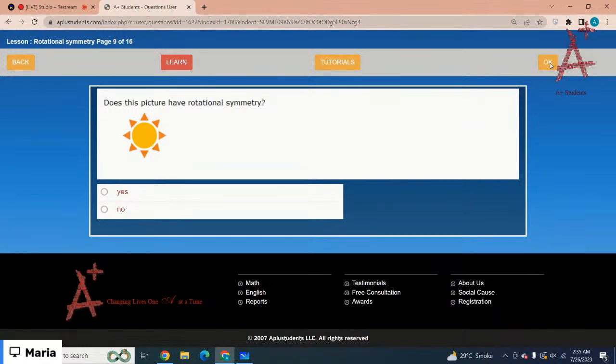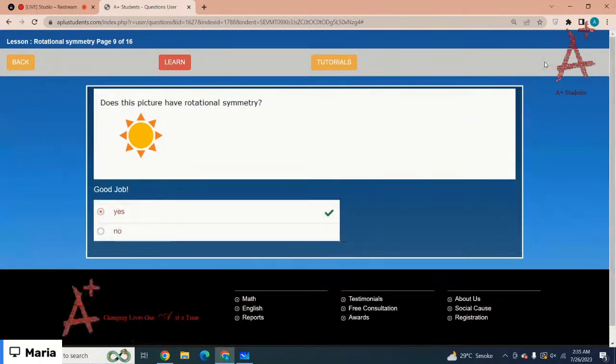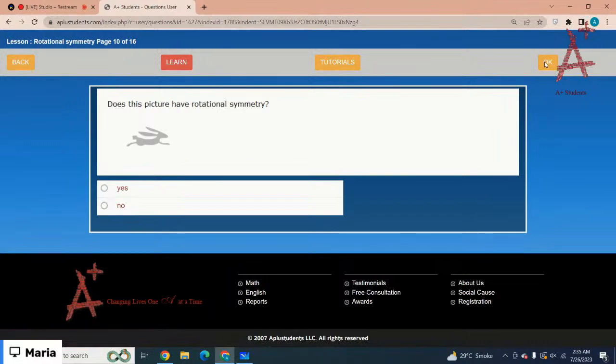The correct option is yes. Does this picture have rotational symmetry? The correct option is no.